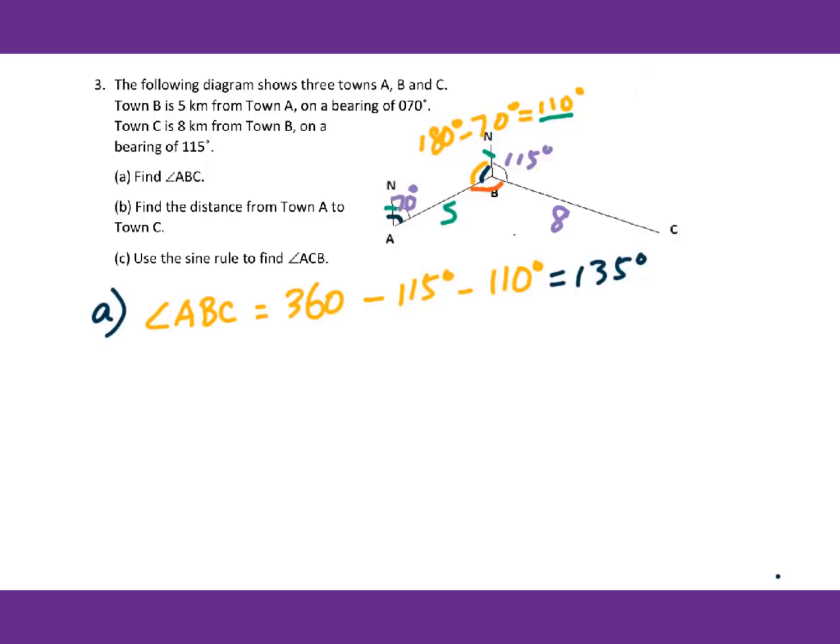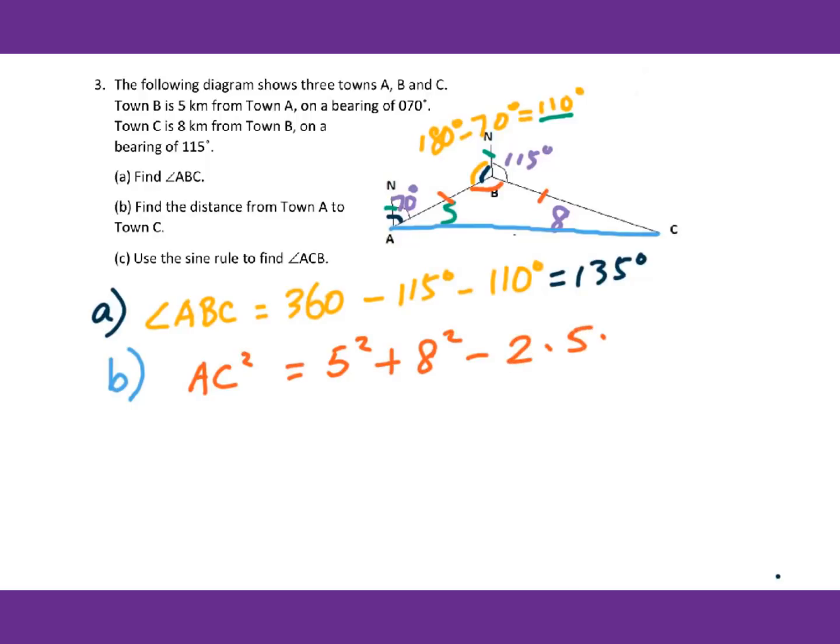For B, find the distance from town A to town C. We need to connect A and C. For triangle ABC, if we're looking for AC, we are given SAS, therefore we have to use the cosine law. AC squared equals 5 squared plus 8 squared minus 2 times 5 times 8 cosine 135 degrees.